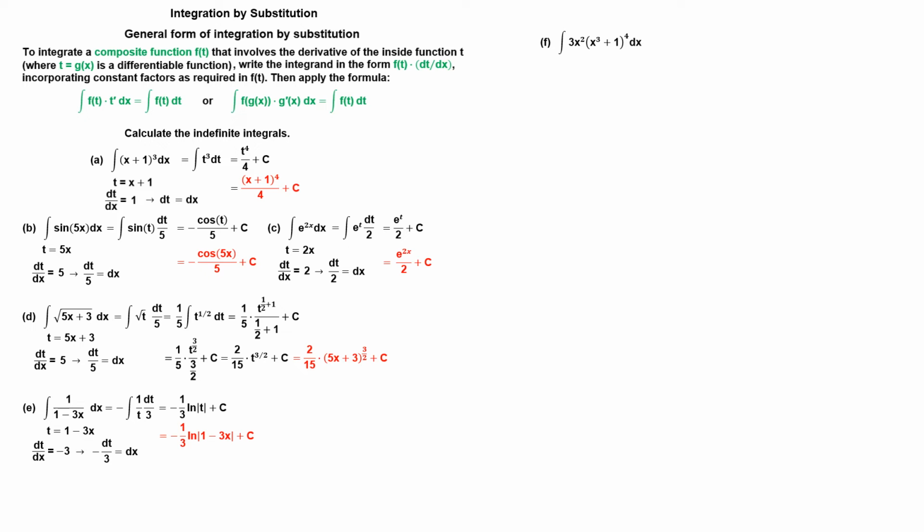We can see that 3 times x squared is the derivative of the function x cubed plus 1. So we make t equal x cubed plus 1 and take its derivative. And then we proceed as in the previous examples.